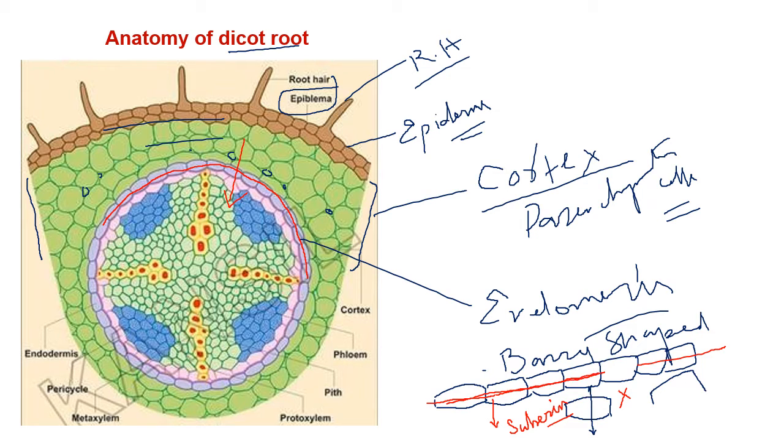Those cells are known as passage cells, because they allow the movement of the water, and all other cells of endodermis will not allow the movement of the water, because they have the suberin deposition.